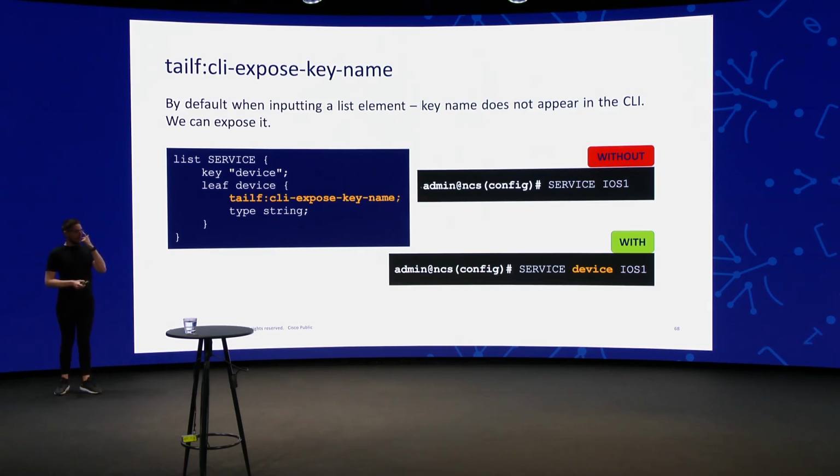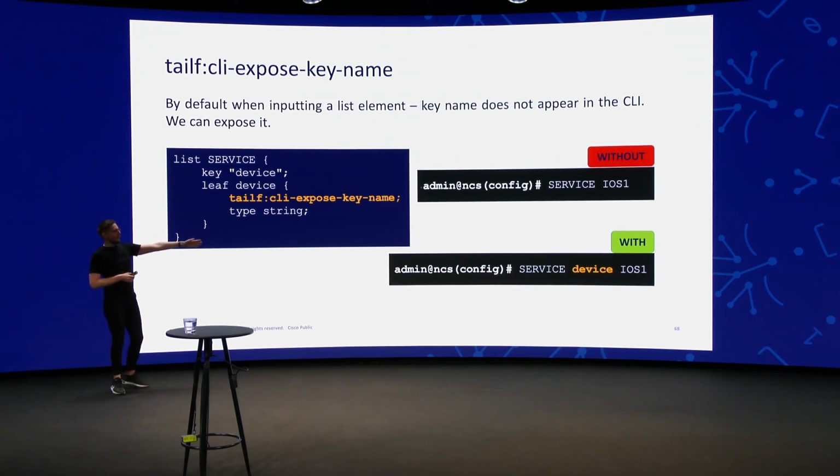That's why, if you have more entries in your keys, not only in the service itself but in any list with multiple keys, it's sometimes worth including tailf cli-expose-key-name. It will add the name of this structure while filling in the key of this list, and at the same time it will be clear to the operator that they are configuring this parameter from the flow of the CLI.